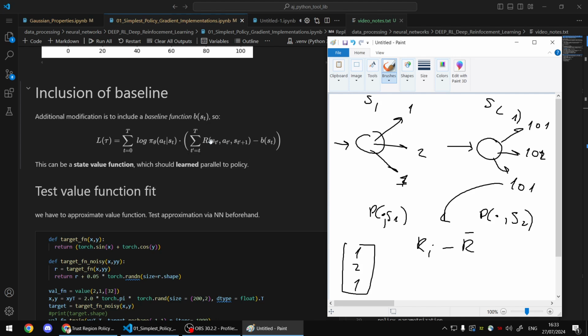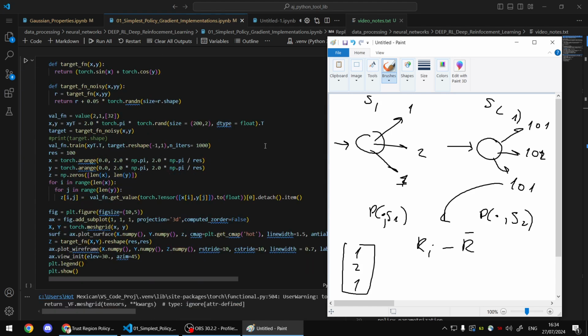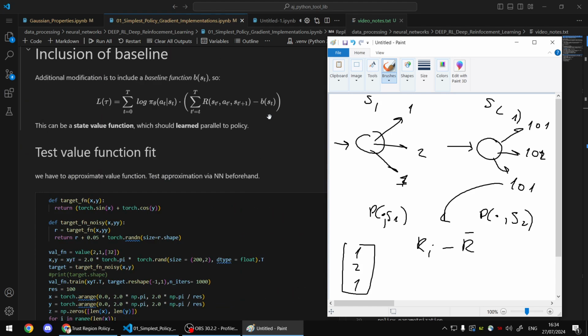This will also be used, maybe not exactly in these implementations, but rewards to go will be calculated. Base function, when we're talking about this, okay, average, right? In fact, we can replace it with the value function, which is the same but kind of different.